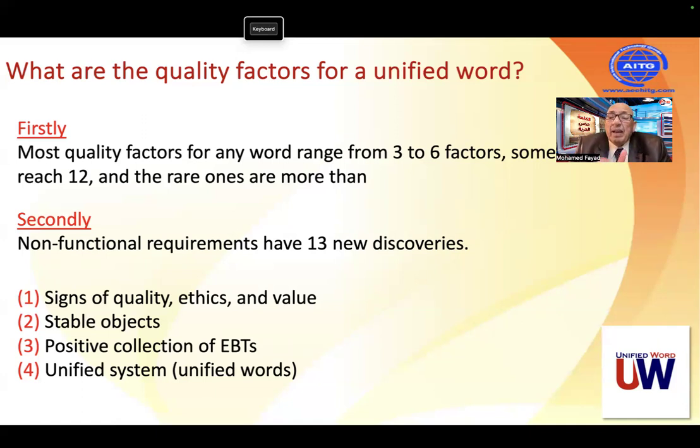They could be negative or positive, by the way. But here, the non-functional requirement has to be positive and represent the morals and ethics and the value of the system or the word. People say words sometimes they don't understand. This word has value. So what is the value? Tell me. Right here.